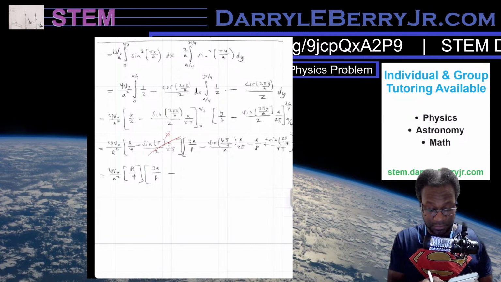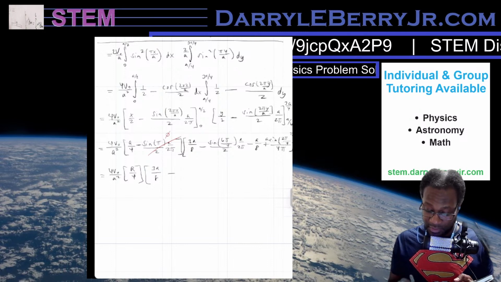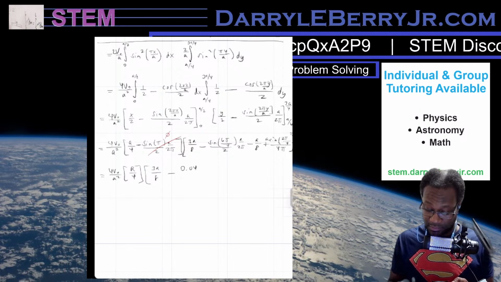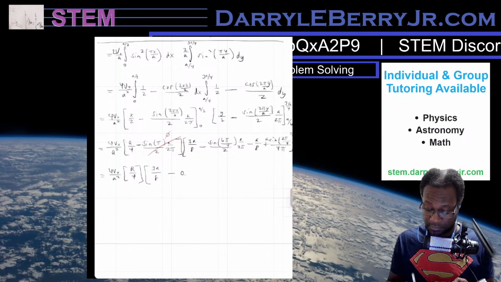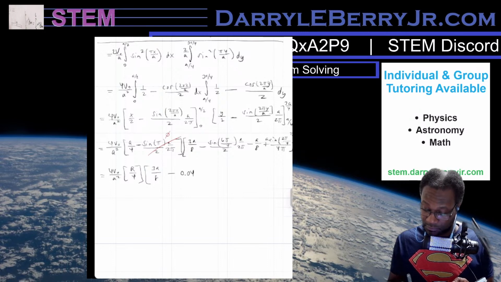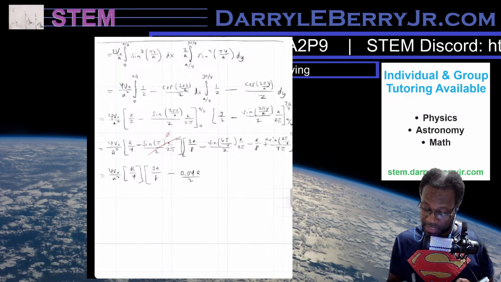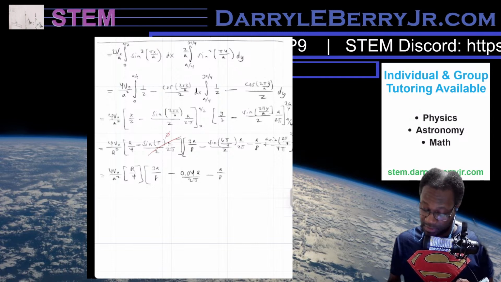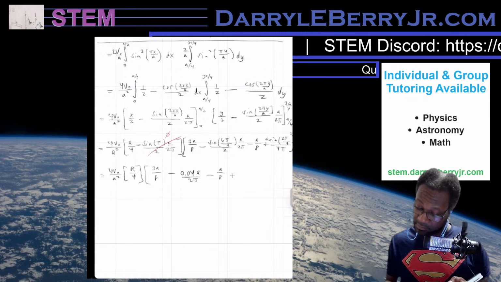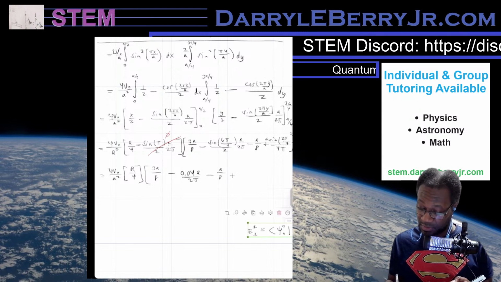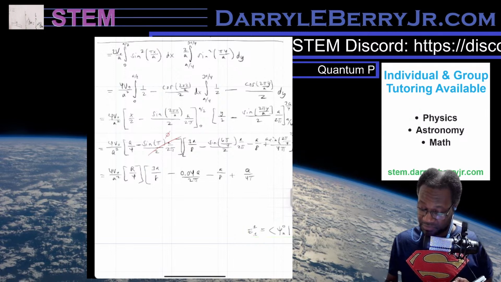Divided by 2, this ends up being 0.04, times a over 2 pi, minus a over 8, and plus, so that's pi over 2, so that's going to be 1. I don't need a calculator for that one. So that's a over 4 pi.